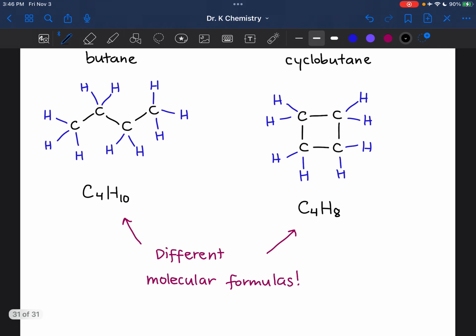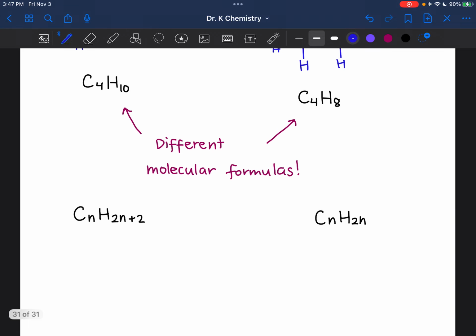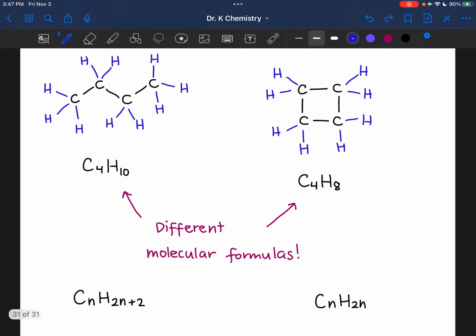And notice that the cycloalkane has 2 hydrogens fewer than the straight chain alkane, and that's always going to be that same pattern. So if you were to generalize these molecular formulas, your straight chain alkanes would be CnH2n+2, whereas the cycloalkanes would be CnH2n. So in this little n, I can just plug in how many carbons there are in this particular molecule.